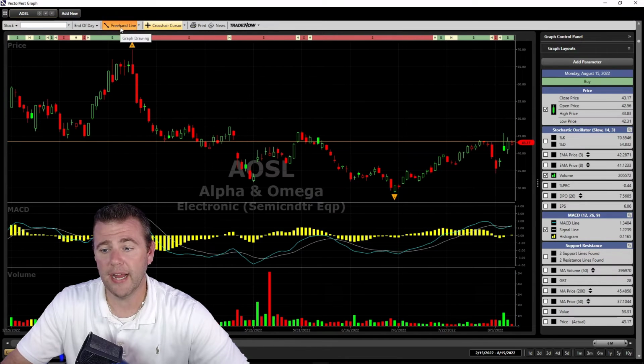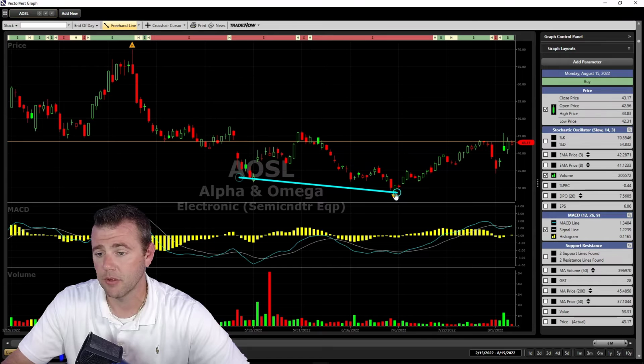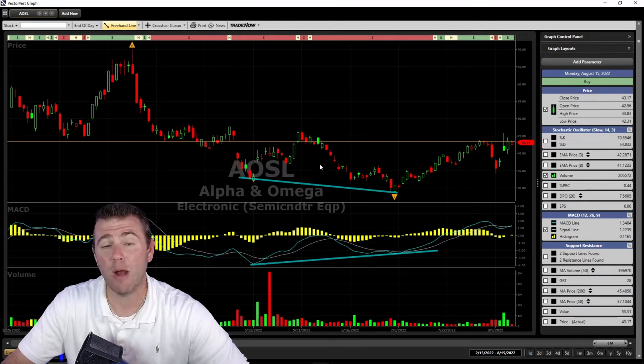So I'll use the freehand line at the top, and taking a look at AOSL over the last 6 months, we can see clearly a downtrend where you have lower highs and lower lows, and I'll just connect these lower lows here. Well, look at what MACD was doing over that same time frame. MACD was actually steadily moving higher, indicating that that downward pressure pushing AOSL lower was dissipating and suggesting that upside potential may outweigh downside risk.